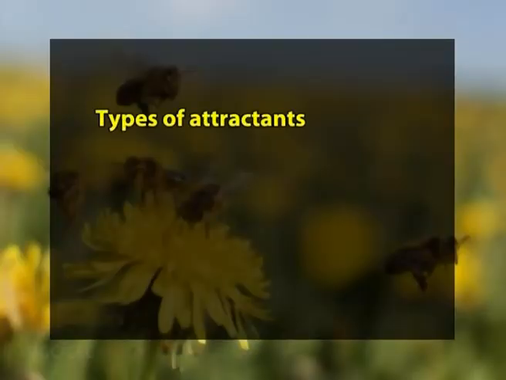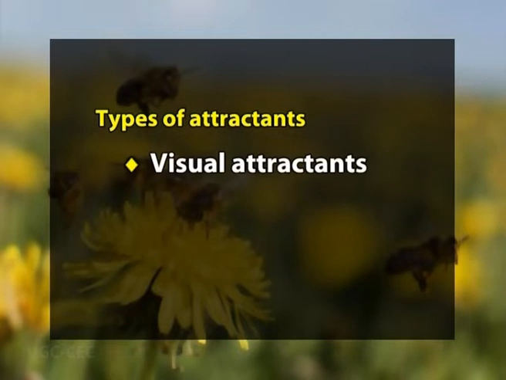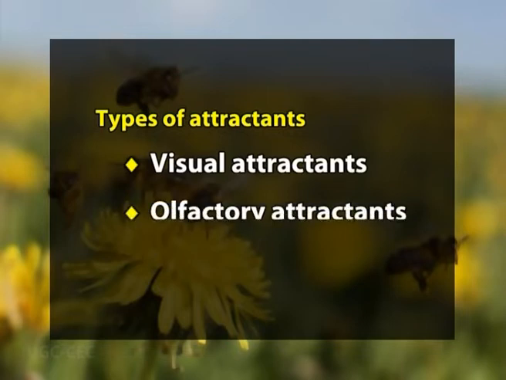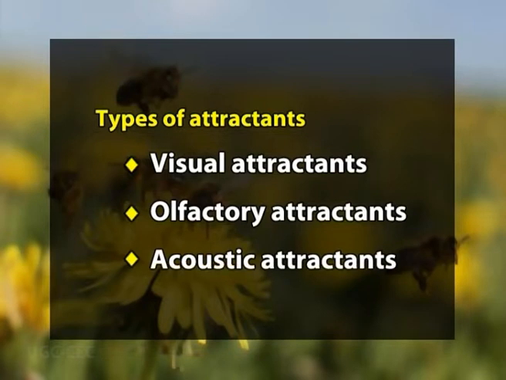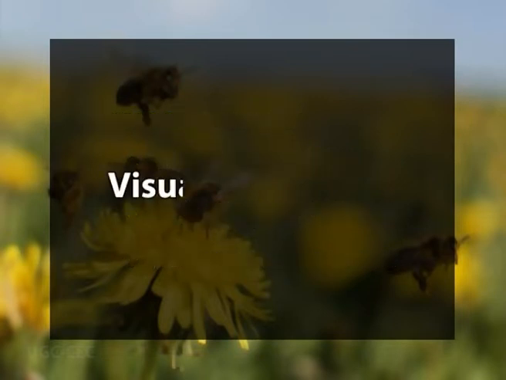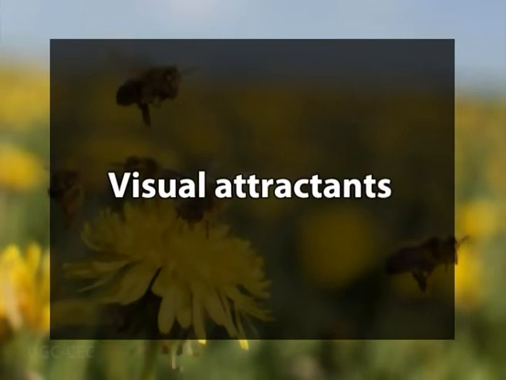The pollinators are mostly guided by visual and olfactory senses to visit the flowers. Accordingly, the attractants are of the following major types: A. Visual attractants, B. Olfactory attractants, C. Acoustic attractants. Let us first talk about the visual attractants.